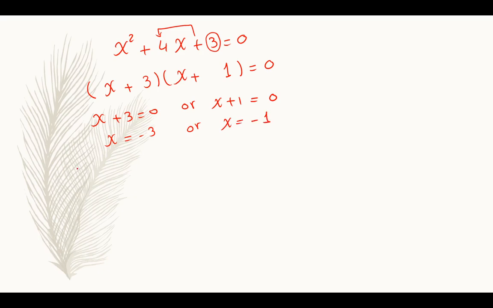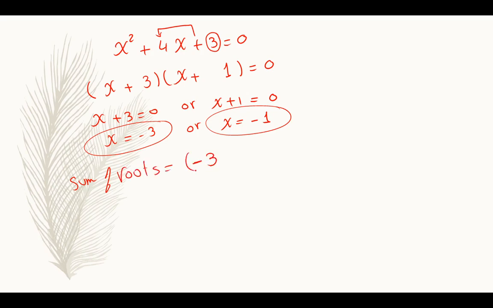Here, this is the first root and this is the second root. The first root is x equals negative 3 and the second root is x equals negative 1. The sum of roots will be negative 3 plus negative 1, since sum means to add.